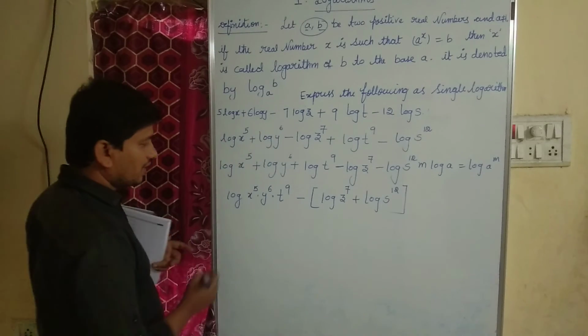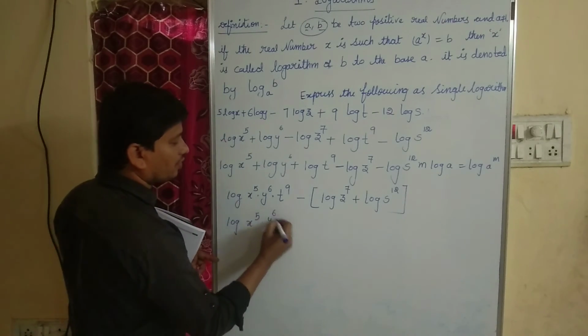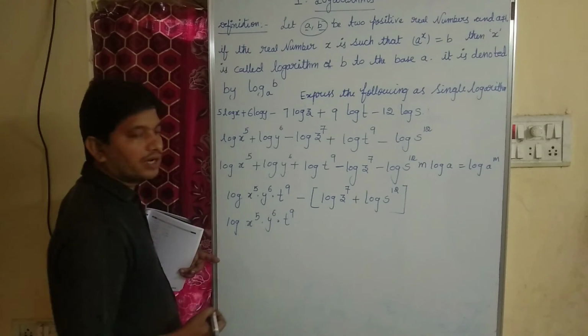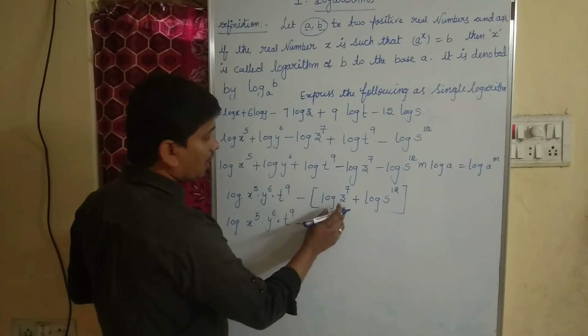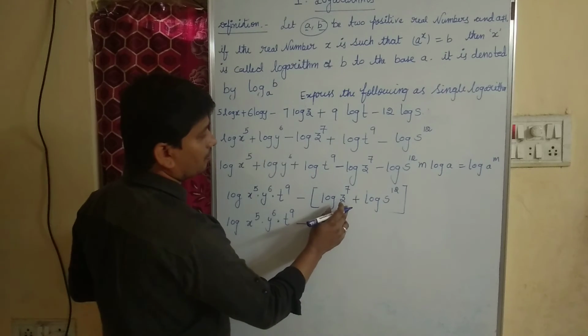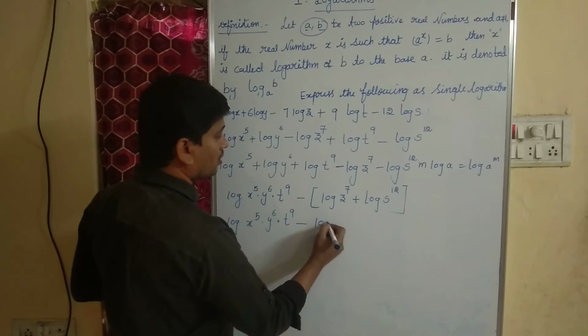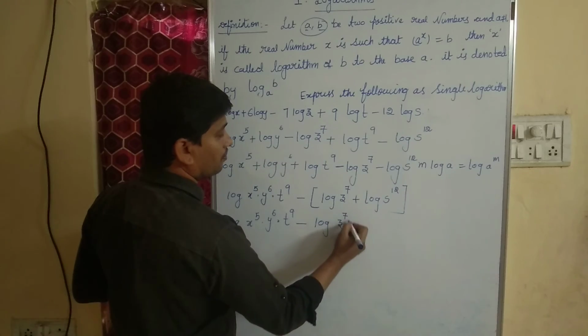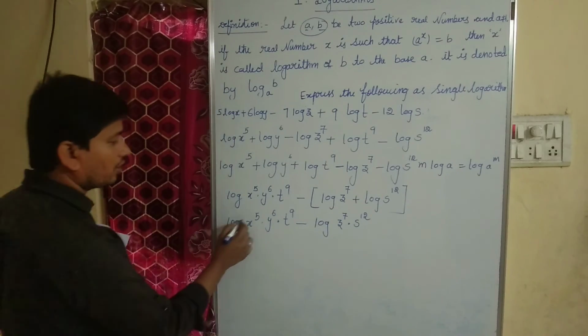Right? Now this I can write as log x to the power of 5 into y to the power of 6 into t to the power of 9, again which is in the form of log m plus log n. I can write as log m into n.